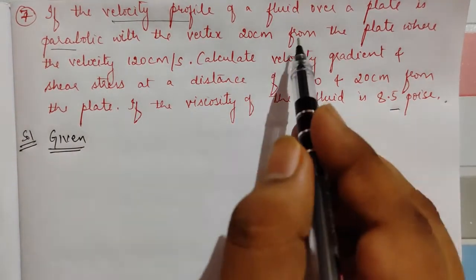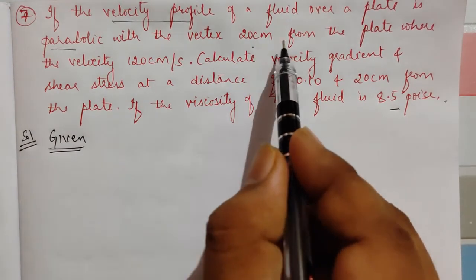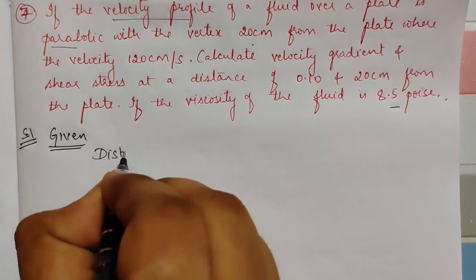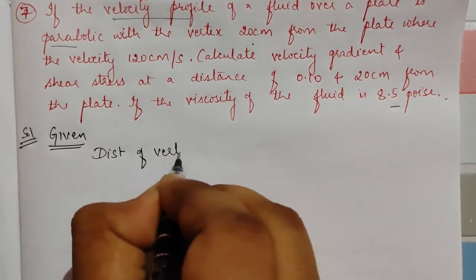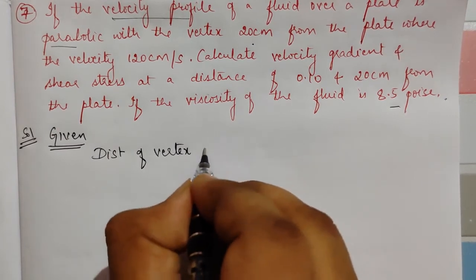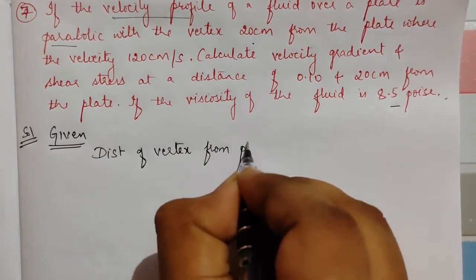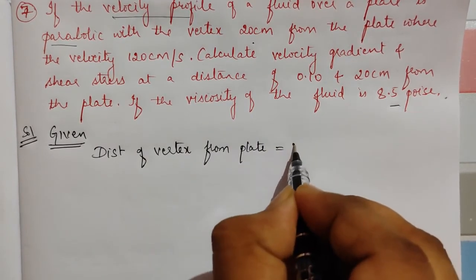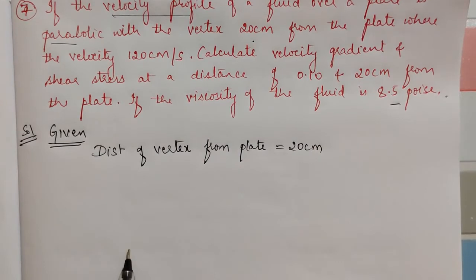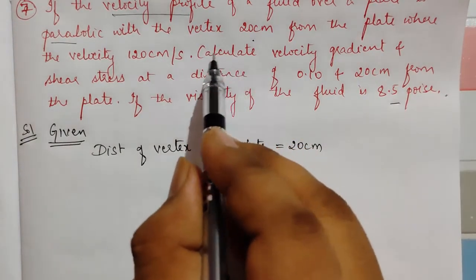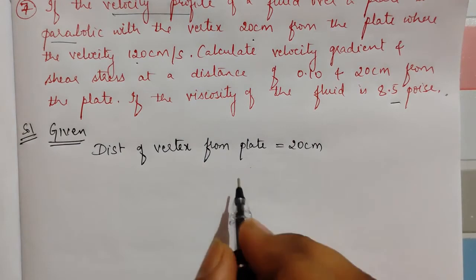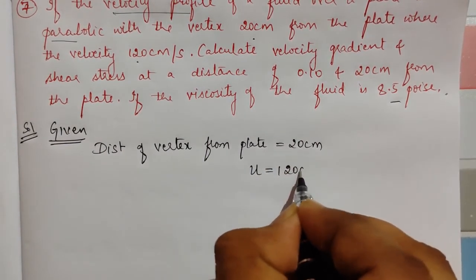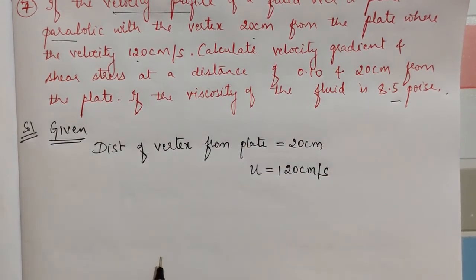See here, 20 centimeter from the plate. So what is that? It is nothing but the distance of the vertex. Vertex means a point, so the distance of the vertex from the plate is 20 centimeter. And they have also given the velocity of the vertex, that is 120 centimeter per second.